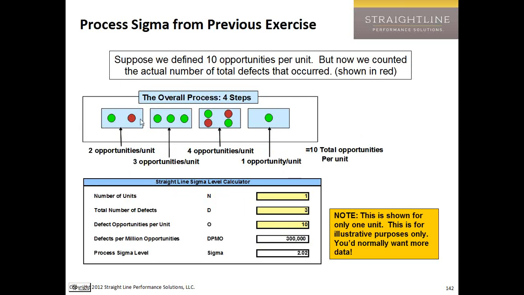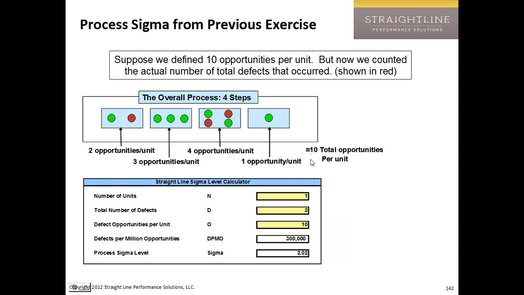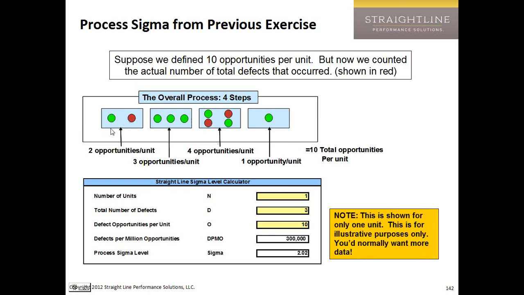Now, if you're going to define multiple opportunities, here's how you need to be calculating them, not simply one error per unit. So that was a problem with our field goal. It didn't matter if there were multiple errors, it was still counted as one miss. Sometimes it does make sense to say, let's count up all the total errors that happen. So, for example, in this one, if we're just looking at one piece of data, we'd obviously need to look at many more units.